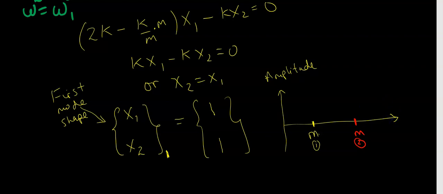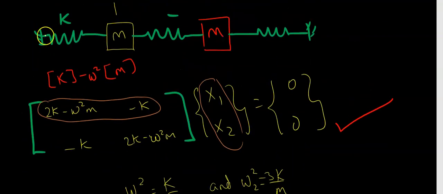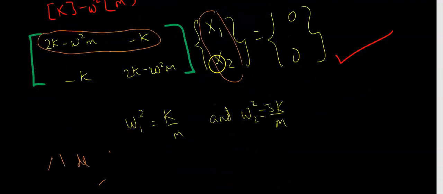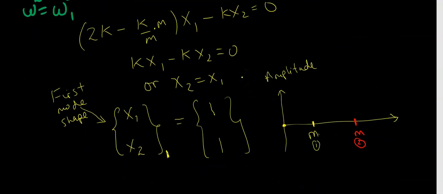I can represent that mode shape very simply. This end I'm going to consider fixed. Why do I consider it fixed? Because if you looked at the diagram, it was fixed on this end here, and this is the yellow mass here. When x1 is 1, you'll have a value of 1 here. And when x1 is 1, x2 associated with the red mass is also 1.